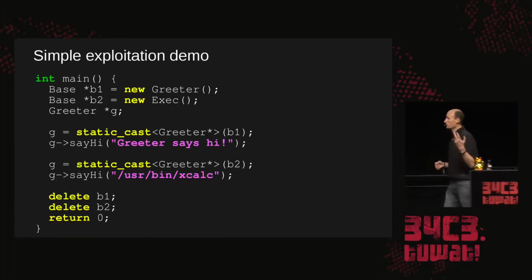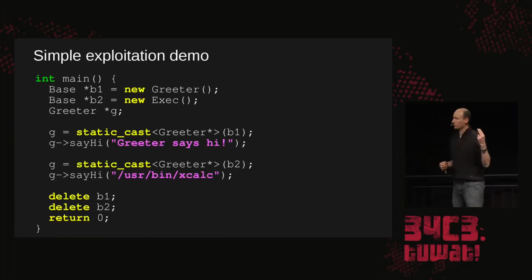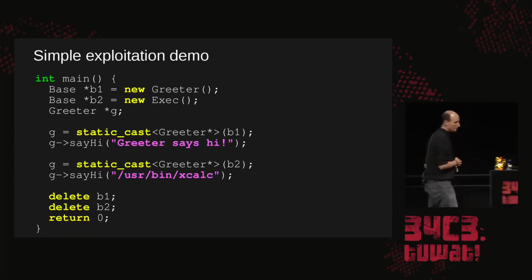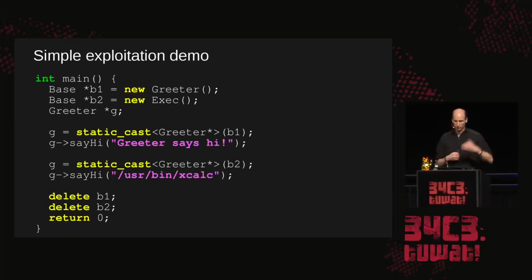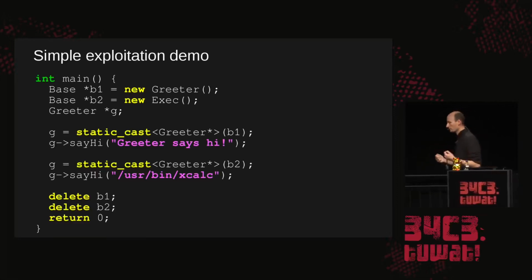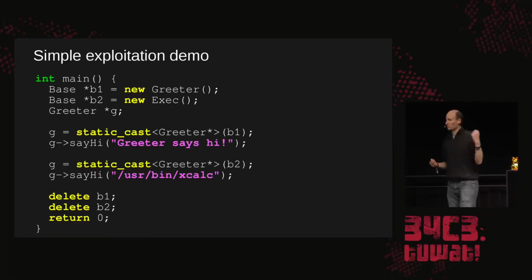Then we cast the first object, B1, into greeter, and we call greeter say hi, and then greeter says hi. With the second object, we again cast it into greeter, so from the base class to greeter class, and the compiler does a compile time check and says, oh yes, the greeter type is a descendant of the base type, so this static cast is actually allowed.